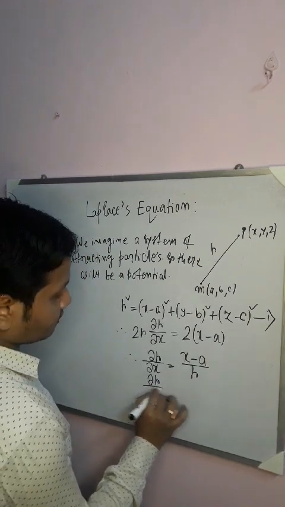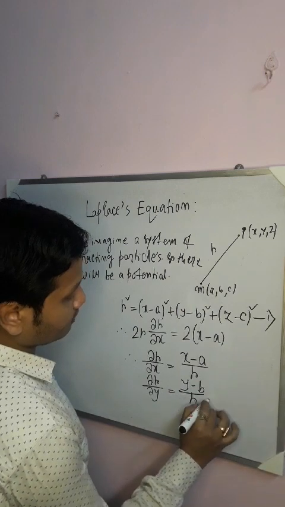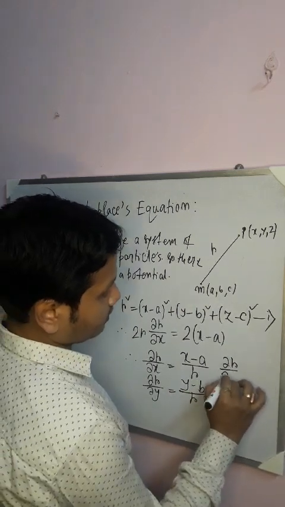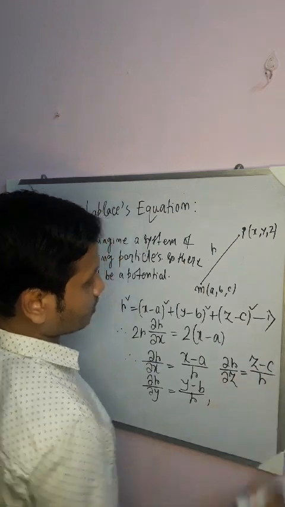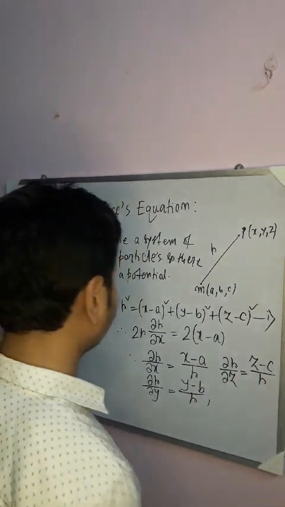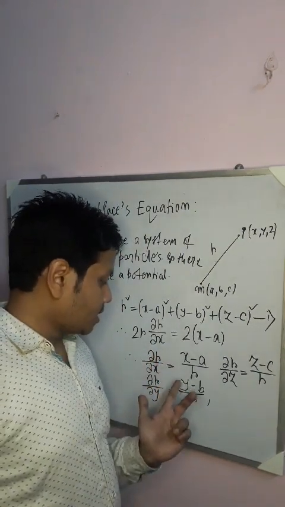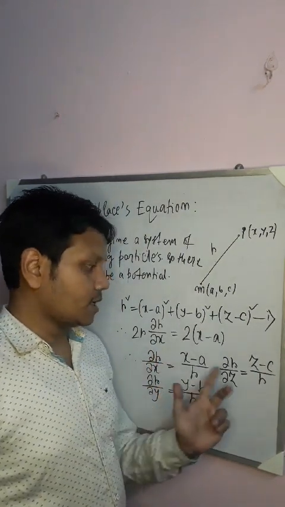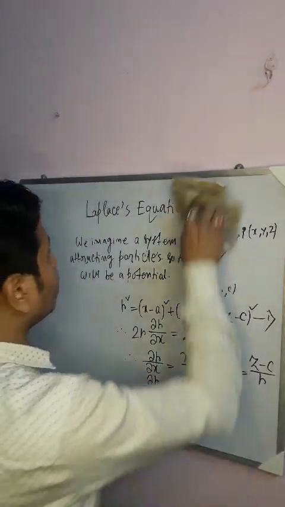Similarly, del r by del y is (y minus b) by r, and del r by del z is (z minus c) by r. So del r by del x equals (x minus a) by r, del r by del y equals (y minus b) by r, and del r by del z equals (z minus c) by r.